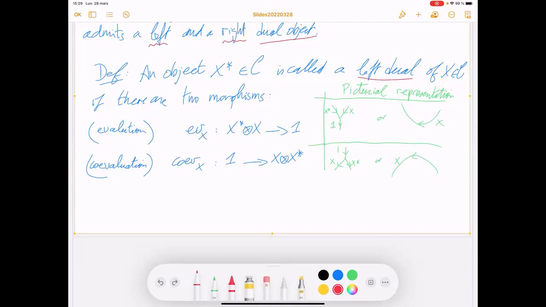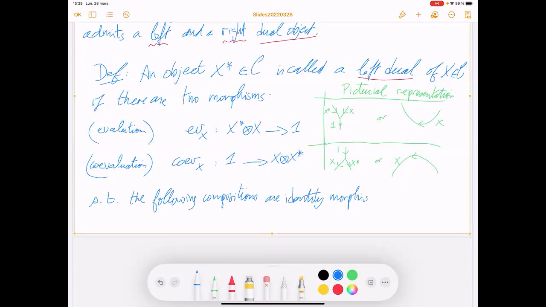So this is a way to represent these morphisms. Now these morphisms should satisfy some properties to define a left dual object, such that the following compositions are the identity morphism.